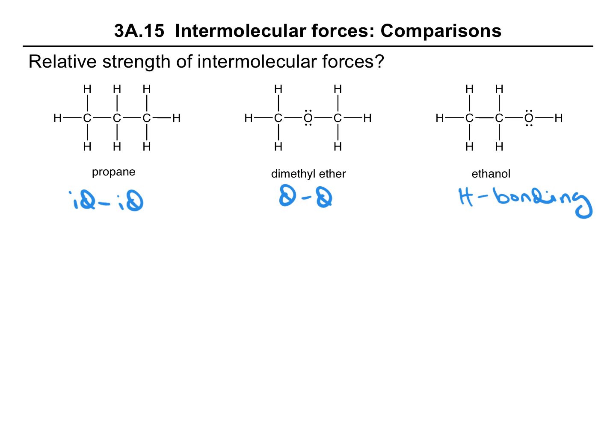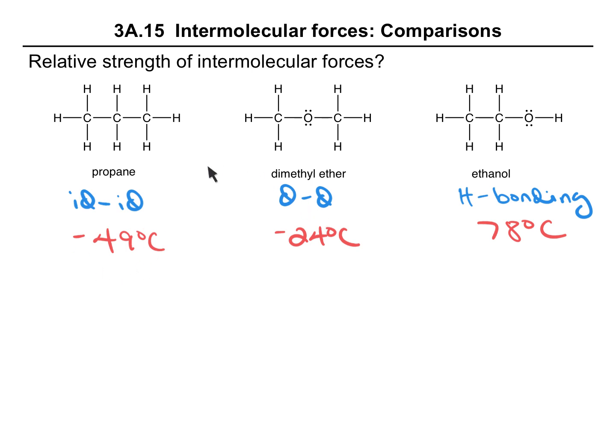Now, if we look again at the boiling points of these compounds, propane has a boiling point of -49 degrees Celsius. Dimethyl ether, its boiling point is -24 degrees Celsius, and ethanol has a boiling point of 78 degrees Celsius. So what this shows us is that induced dipole interactions must be the weakest because they can be broken with the least amount of energy.